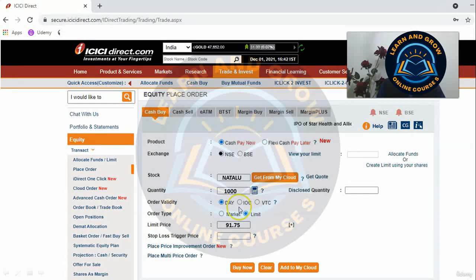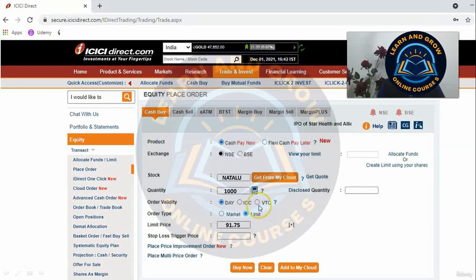Second is the immediate or cancel. It is something similar to the market order. I place a price here, and if the share is available at that price, somebody wanting to sell at that price, then it will immediately get executed or it will get cancelled. Either immediate execution or cancellation. Immediate or cancel, IOC. And the third option is valid till cancel.